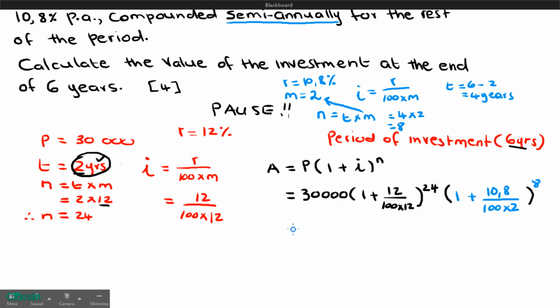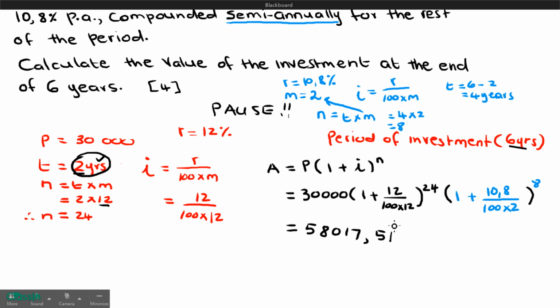Now, when it's like this, you can simply press everything on your calculator and then you'll find the investment, or the A. From my calculator, it says that the investment was around 58,000, I mean 58,017.51.